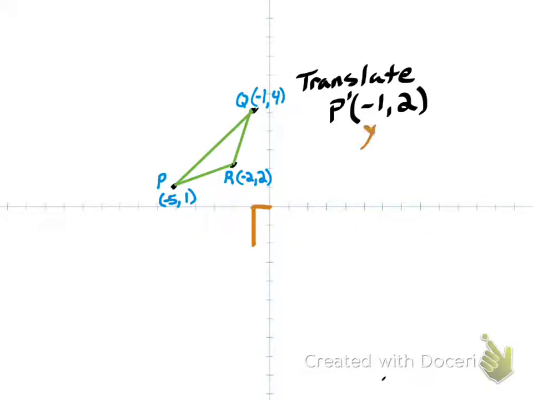Don't forget this is X and then Y. This is my X-axis and Y-axis. Alright, so I went over 1, down 2. Oh, I did that wrong. My bad. This is X, this is Y, so we go left 1, up 2. So this is the new P.